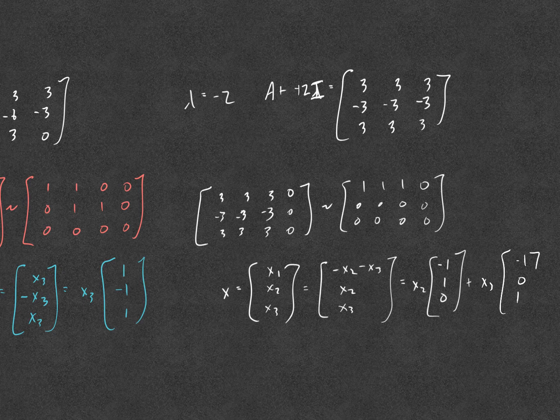Okay, and those are my 2 eigenvectors that I got in the 5.3 video. I said V2 was minus 1, 1, 0, and V3 is minus 1, 0, 1.